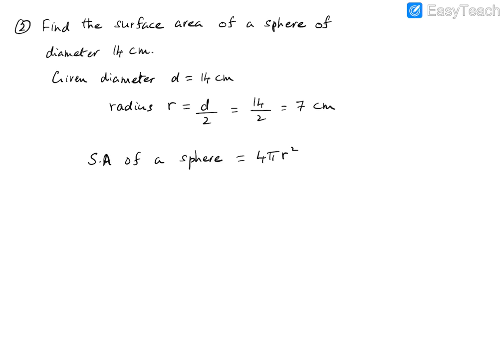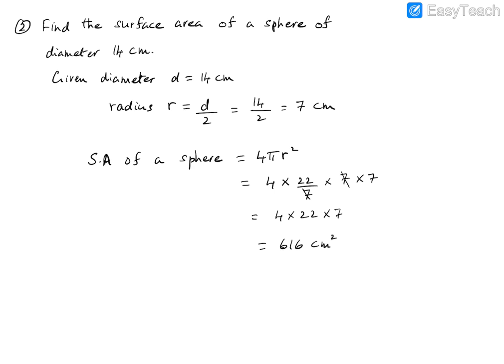So we will substitute the value of r here, which is 7, and the value of pi is 22 by 7, into 7 into 7. So one of the 7s will cancel out, so we will have 4 into 22 into 7, and that will give us an answer of 616 centimeters square.